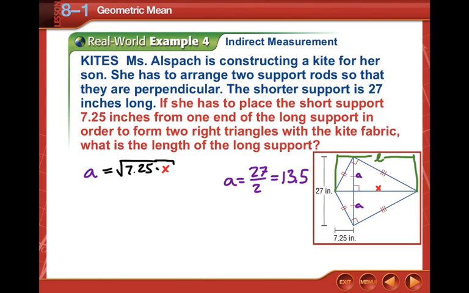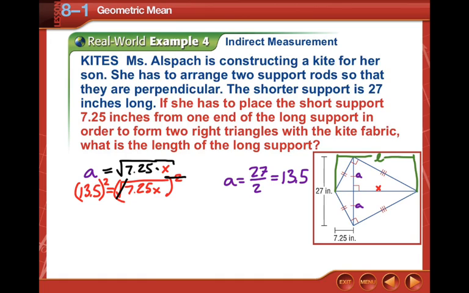Now we can plug things in. We know our A is 13.5, and we can combine the 7.25 and X to be 7.25X. To solve for X here, we're going to square both sides. So we square 13.5 and we square the square root, which cancels it out.